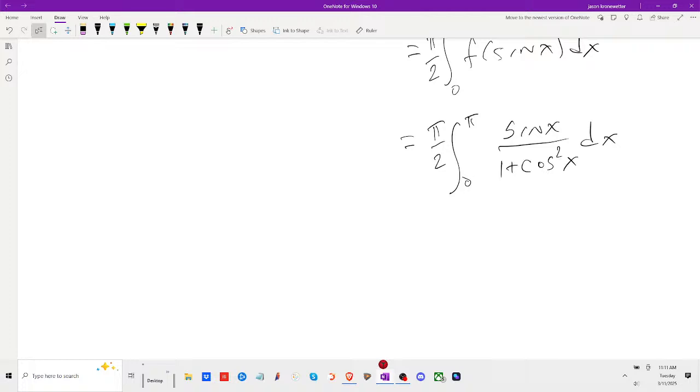Okay, so now we have an integral to compute, and when I see that 1 plus something squared, even though it's a cosine squared, I'm thinking of 1 over 1 plus u squared, and that would be an inverse tangent. So let's see if we can make that substitution here. We're going to do u equals cosine x, then du is minus sine x dx.